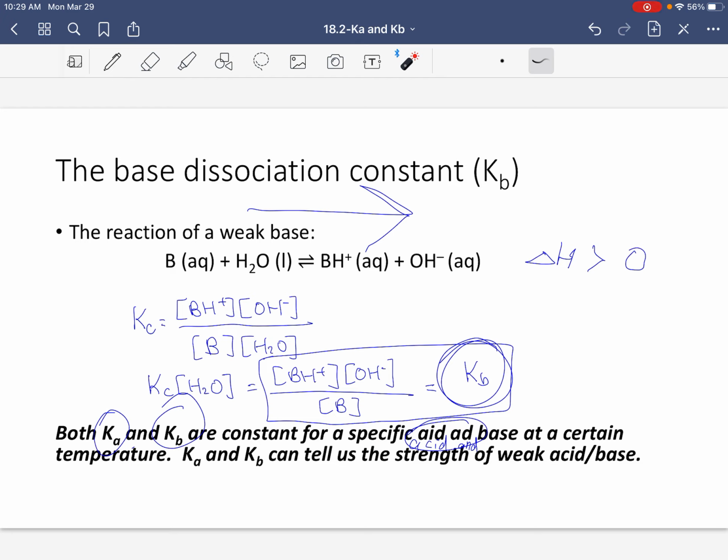Still a weak base, don't get me wrong. Still a weak base, but a stronger weak base. Okay? If this was a Ka value, and this Ka value is huge, it's going to be a stronger acid. Still a weak acid, but a stronger weak acid.